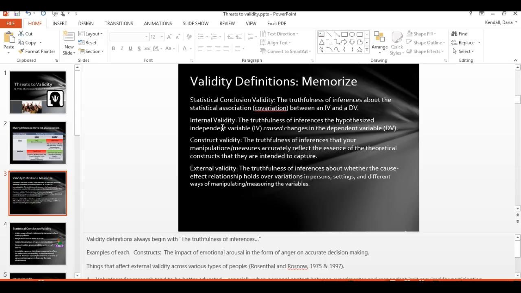Finally, external validity, and that's the truthfulness of inferences that there's a cause-effect relationship, and does it extend across different kinds of participants, people in our study, different settings, different cultures, different ways of measuring or manipulating our variables, and this gets into the construct validity realm as well, so these two can overlap somewhat, and that's normal.